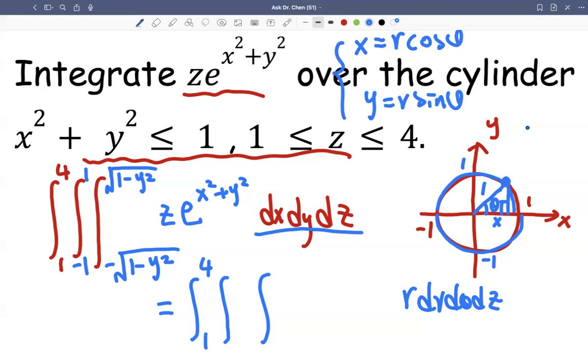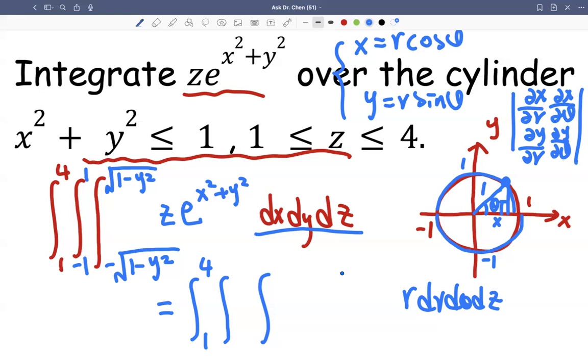Then we can calculate the Jacobian, which is partial x partial r, partial x partial theta, partial y partial r, partial y partial theta, right? So this is a 2 by 2 matrix. That's a transformation because of the change of variables, basically transformation from x, y, z space to r, theta, z space.